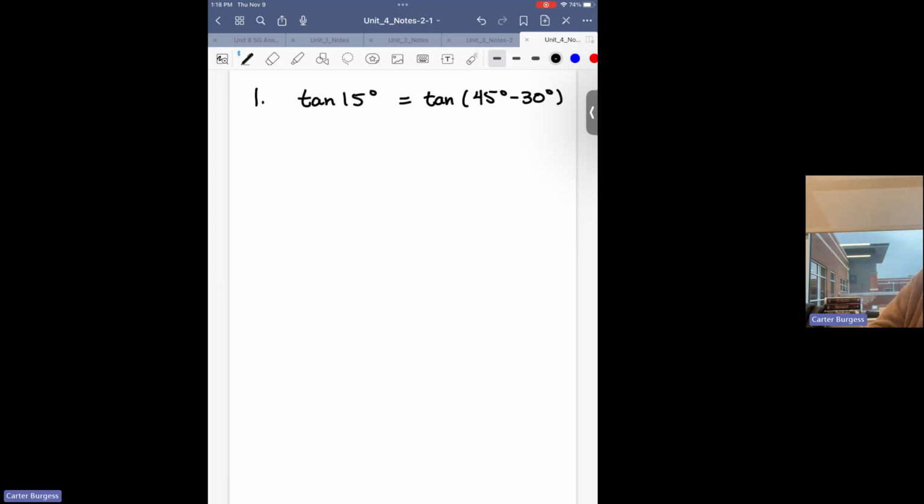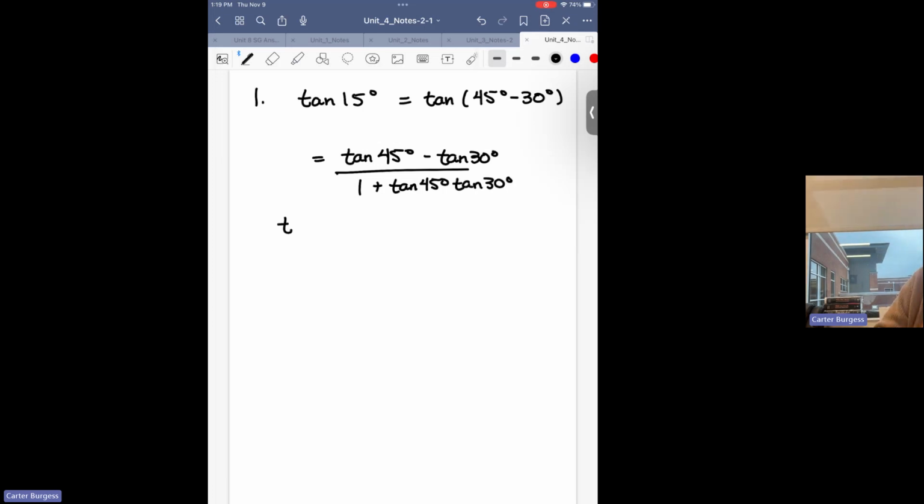So we are looking at tangent of the difference of two. Tangent is nice on the top, mean on the bottom. That minus is going to stay a minus in my numerator. It's going to flip to a plus in my denominator. This is tangent of 45 degrees minus tangent of 30 degrees divided by 1 plus tangent of 45 degrees times tangent of 30 degrees.